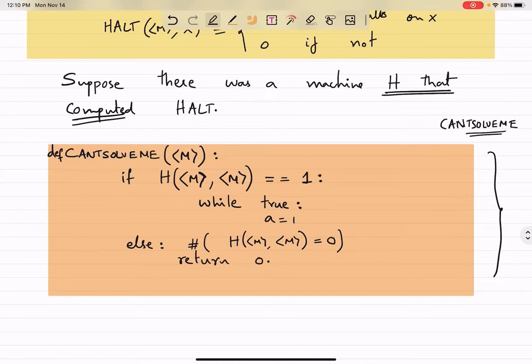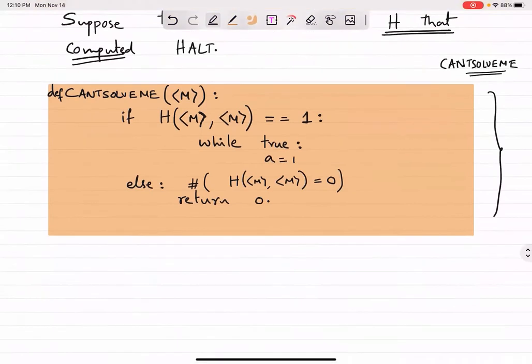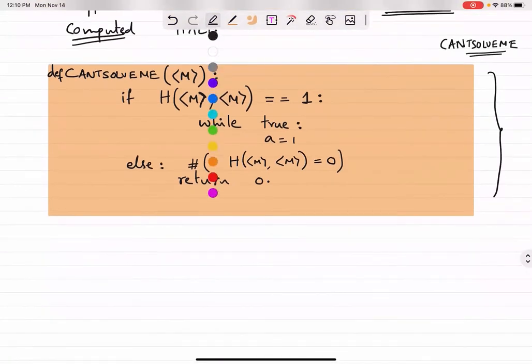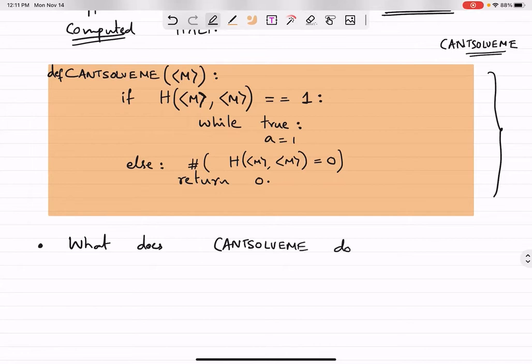We're checking whether M halts, but then we're looking for the dummy statement, right? Right. So let's just ask a similar question as we did, which is, what does can't solve me do if I give its own source code as input?